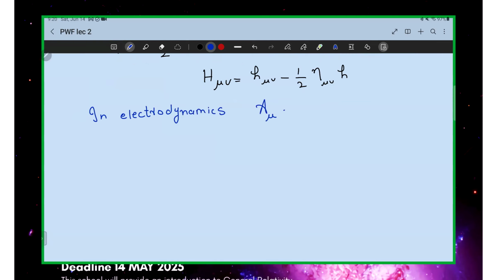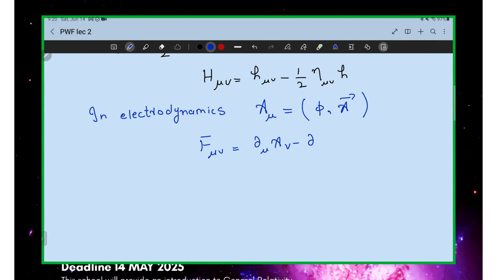If you write it down in terms of the scalar potential and the vector potential, this is what it looks like. And there is this quantity called F mu nu, which is defined like this.